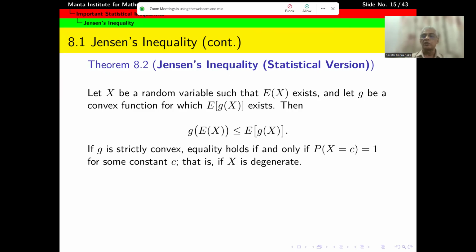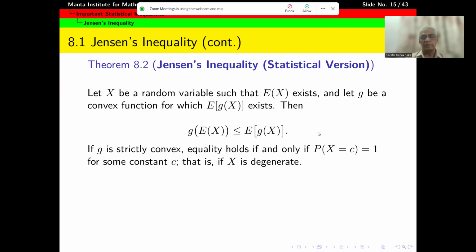So in that case, we call x a degenerate random variable. It's actually almost a constant, right? There can be situations, values at which x is not equal to c, but then the probability at those points will be 0.